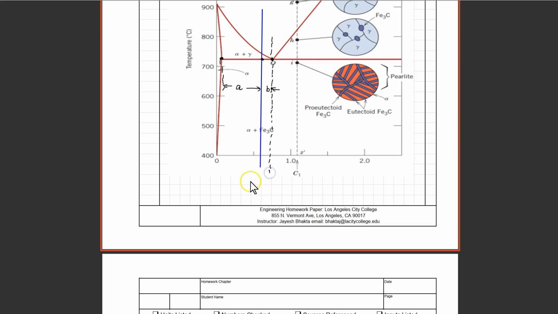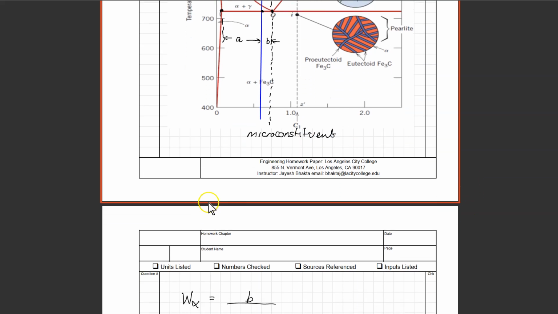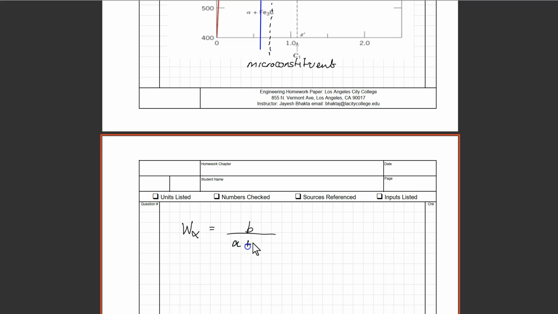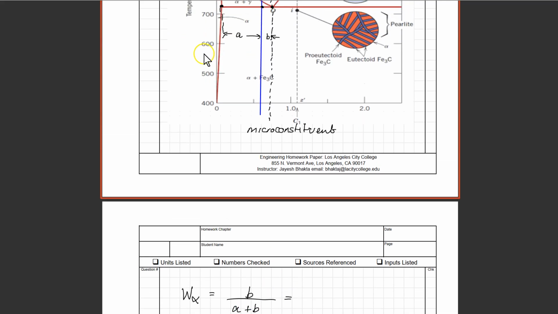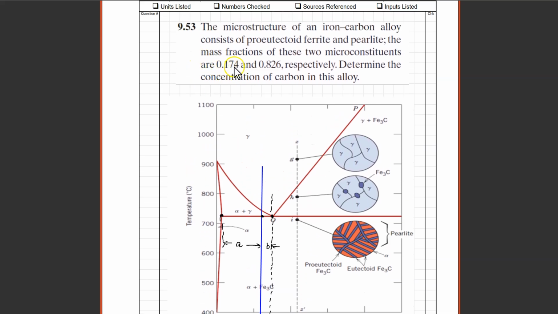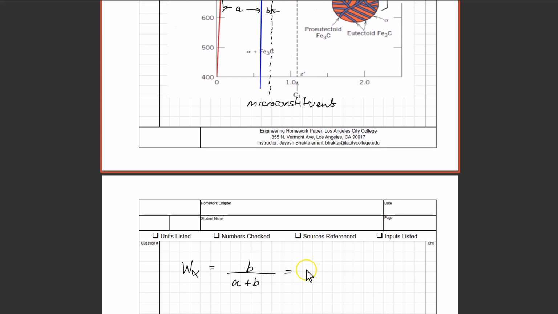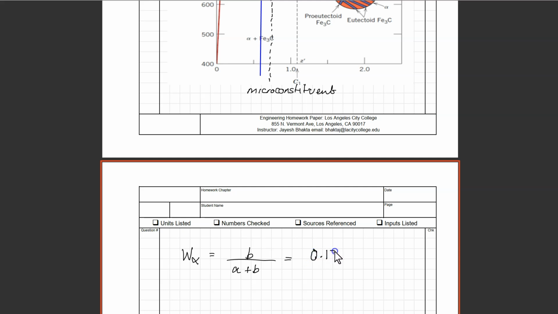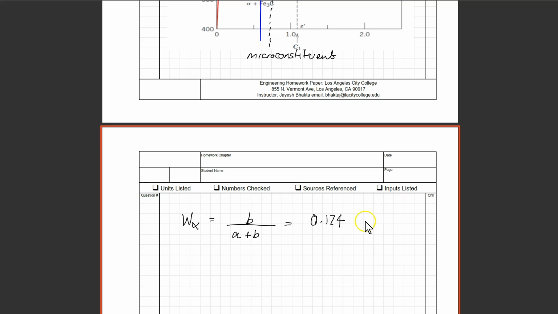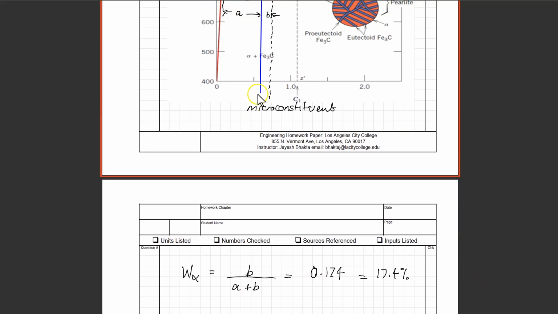In this case, not a phase, but a microconstituent. So we want B over A plus B. And we know that value is 0.174, or in other words, 17.4%. Let's call this composition C sub 0.